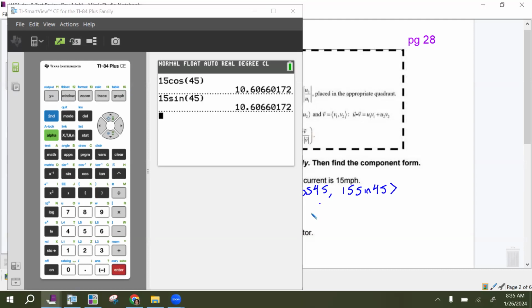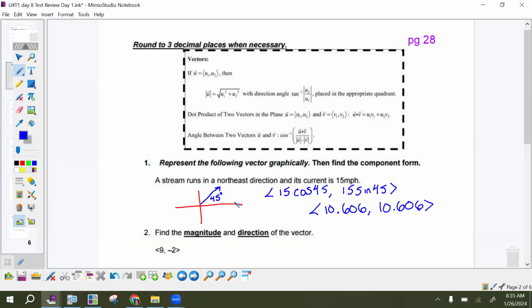And our components are 10.606, comma 10.606. This formula of the x and the y component is not on the formula sheet provided to you.